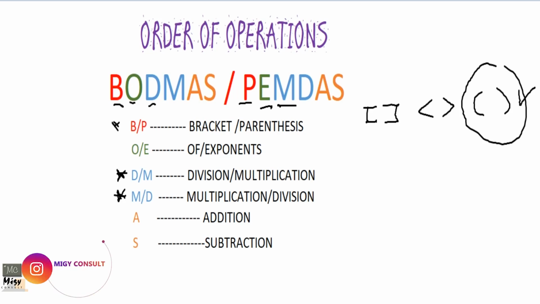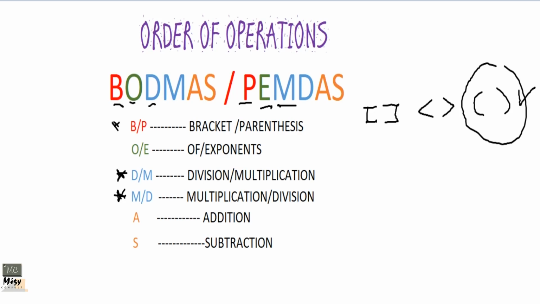But remember, first of all, tackle everything in parentheses or brackets. Then tackle every exponent. Then you look for division or multiplication. Whichever comes first from left to right, keep working in that order. Do not jump one for the other. So that is for division and multiplication.